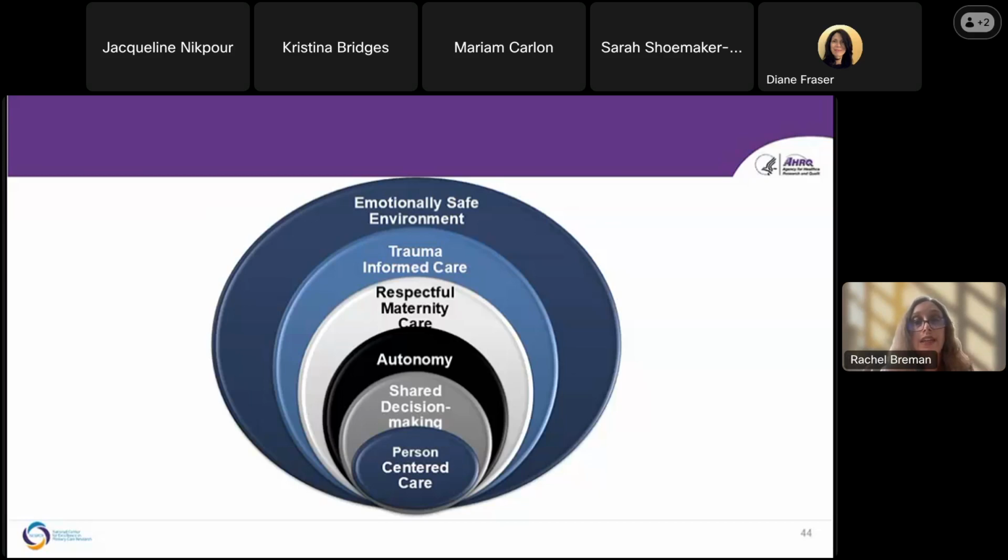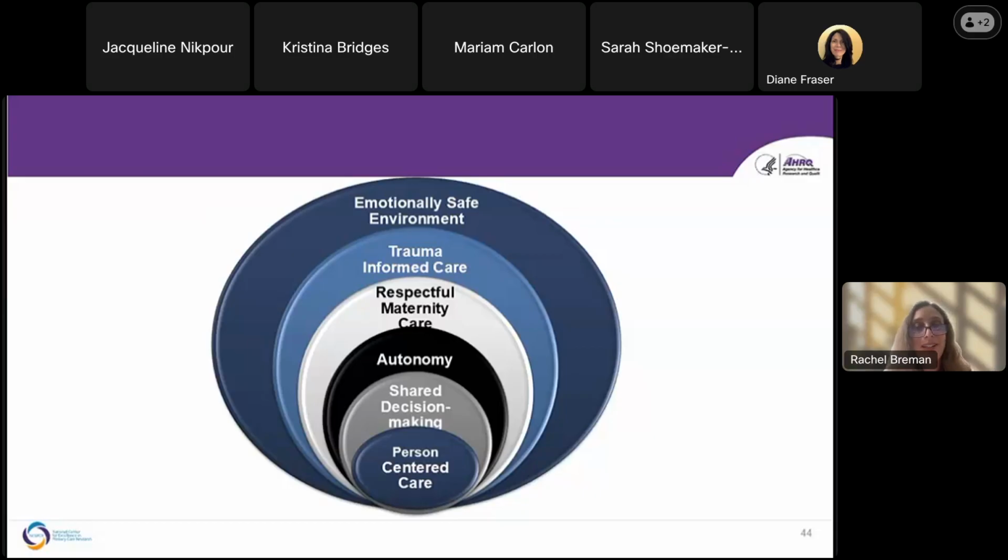So at the end of the day, there needs to be a conversation about different options and preferences for patients during their labor and birth. And that outcome will lead to person-centered care or patient-centered care, depending on how you want to talk about it.